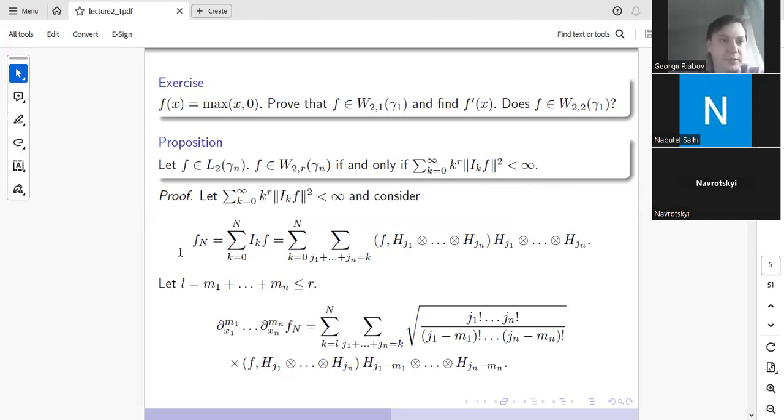Now let's prove that all the derivatives of Fn have limits in L2.